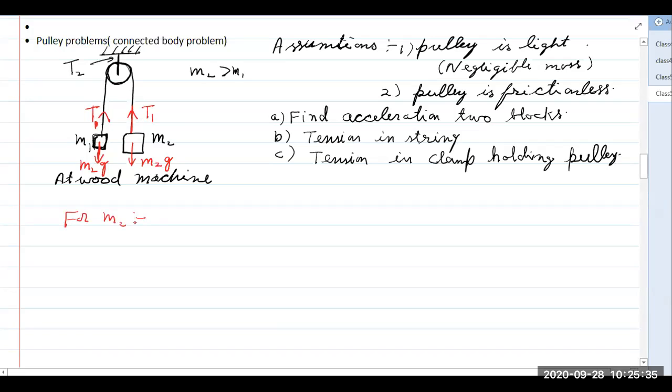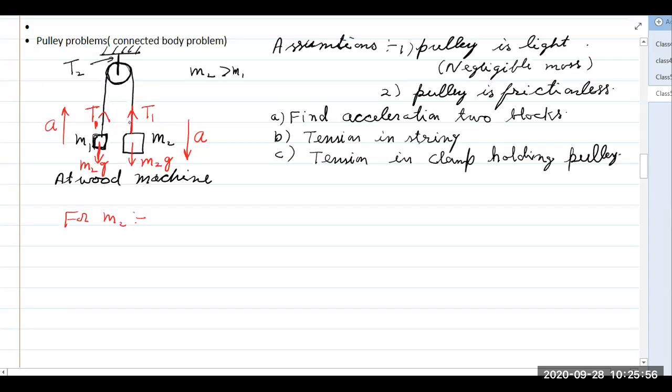Since M2 is heavier, it will go down, and M1 is lighter, so it will tend to go up. If M2 is going down with acceleration A, M1 will go up with acceleration A. So we have first identified the forces, and we have drawn the free body diagram, though we have not drawn it separately.